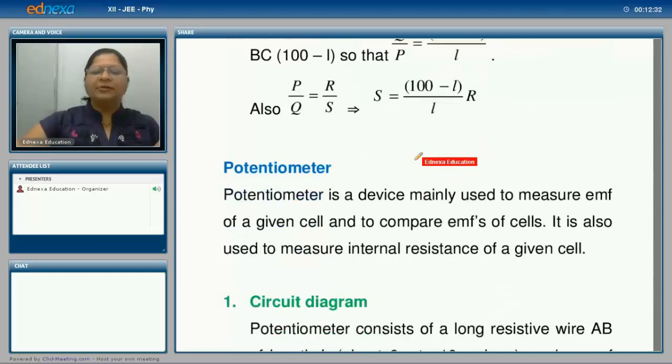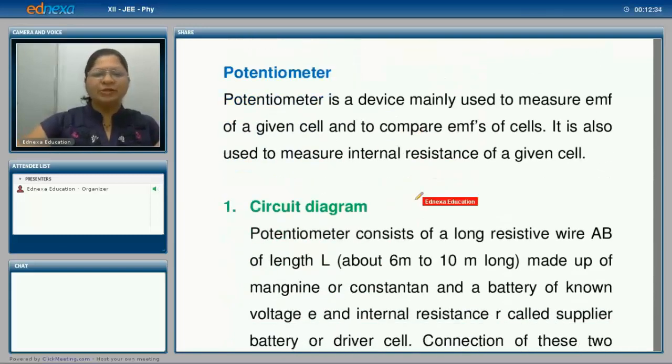Now after the Wheatstone's meter bridge, you have also studied the potentiometer. Now what is a potentiometer? It is a device which is used to measure the EMF of a given cell and to compare the EMFs of cells. It is also used to measure the internal resistance of a given cell.